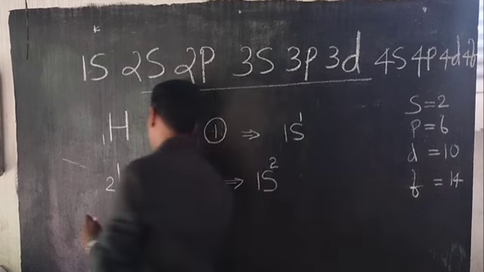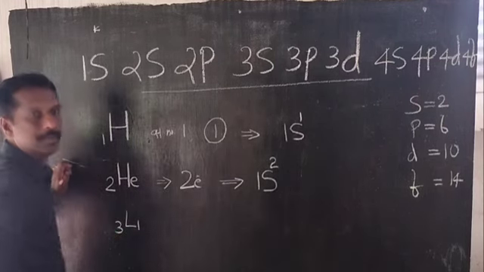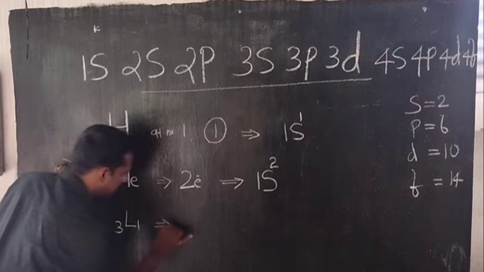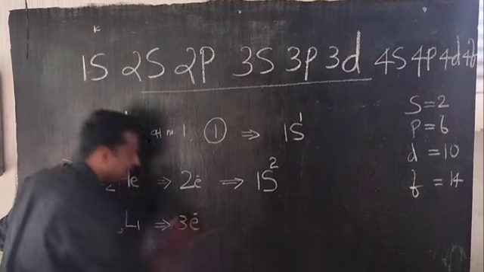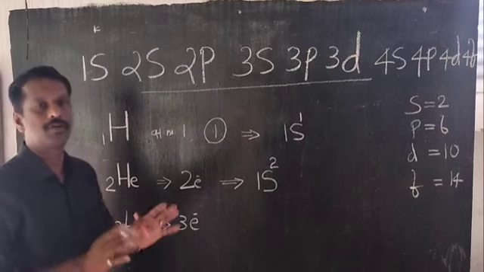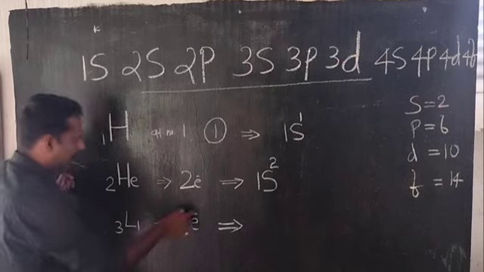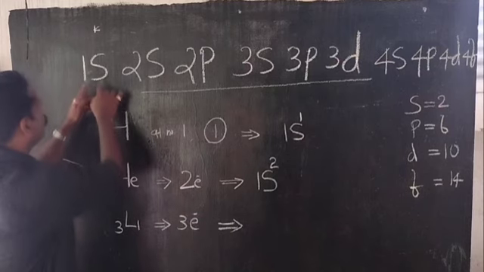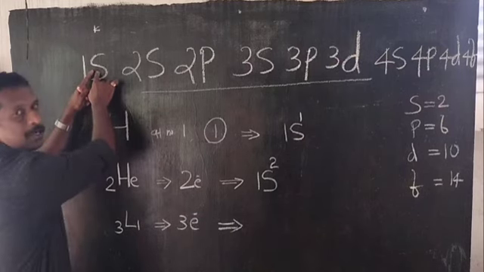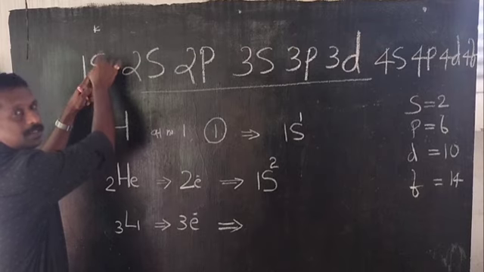Okay, now if you come to the next element, lithium, atomic number 3. Atomic number 3 means it has 3 electrons, and how is its electronic configuration? Let us see. There are 3 electrons, and out of 3 electrons, 2 will go to the first subshell 1s. Why only 2 electrons are entering the first subshell?